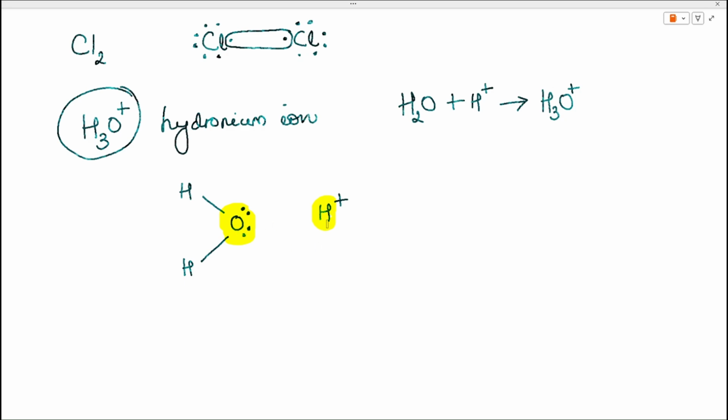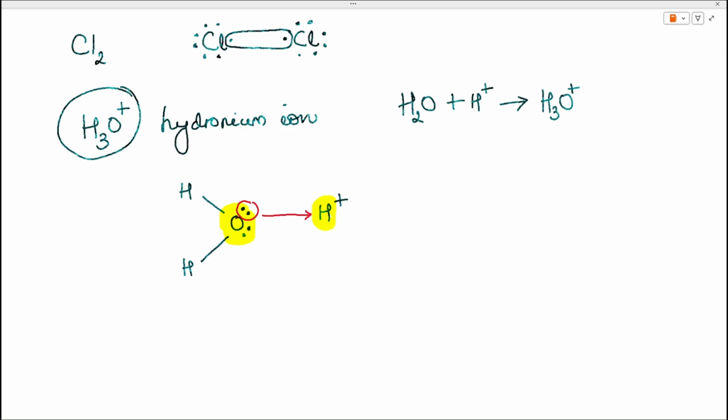If both want to get involved in covalent bonding, it cannot be equal sharing between the 2 of them because this hydrogen cannot contribute anything. So what happens is this lone pair of electrons on oxygen, this oxygen shares it with this hydrogen atom.